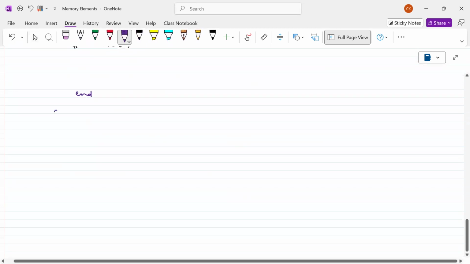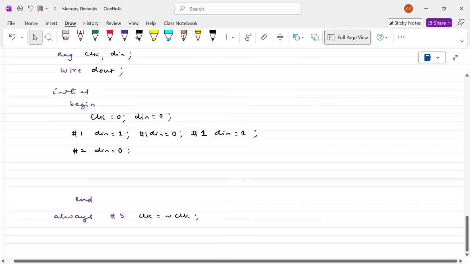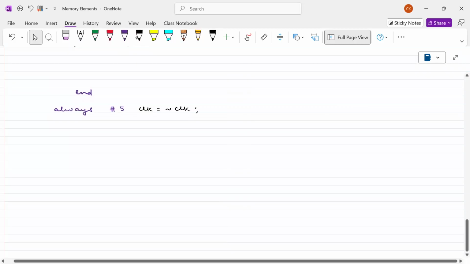I have to use an always block. For every 5 nanoseconds, clock is equal to not of clock, right? Next, these signals must be applied on what?